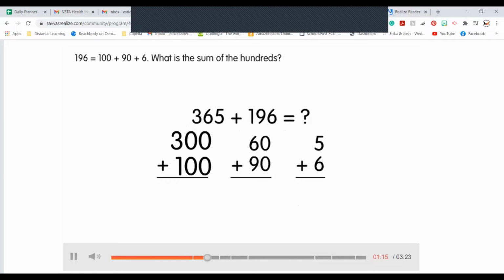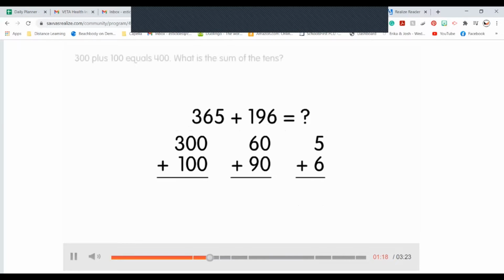What is the sum of the hundreds? 3 plus 1 is 4, so 300 plus 100 would be 400. 300 plus 100 equals 400.